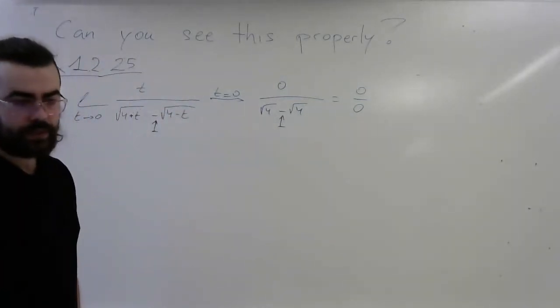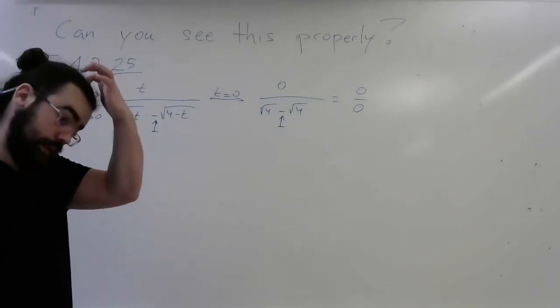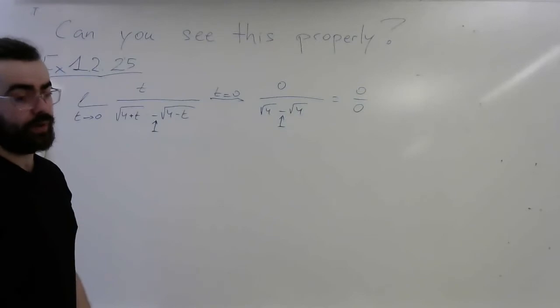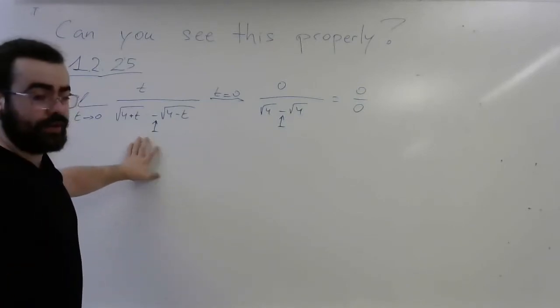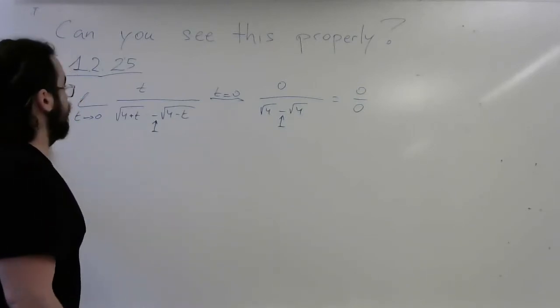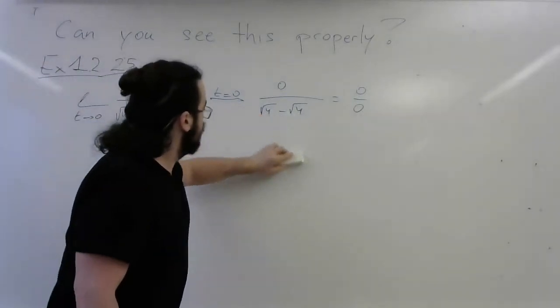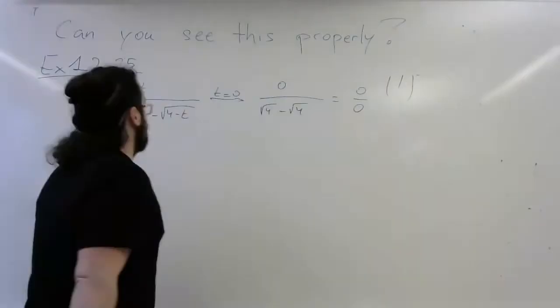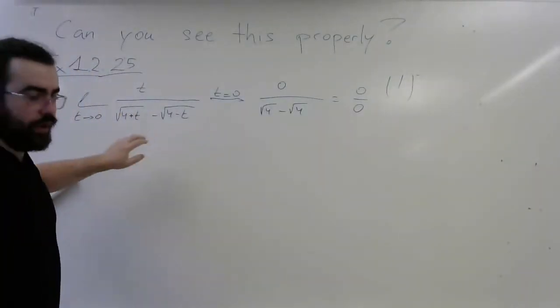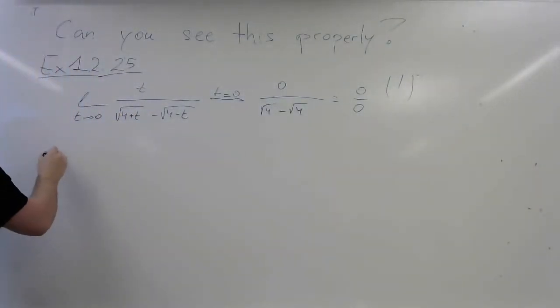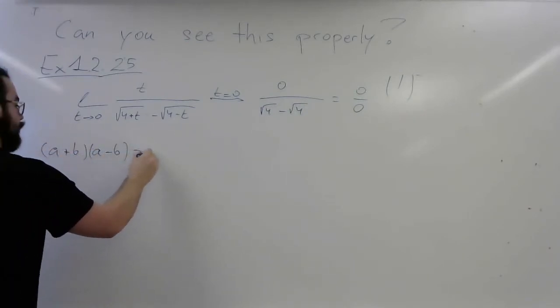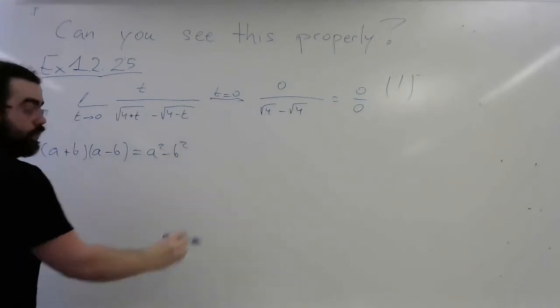Okay? So we have to figure out a way to get rid of this minus sign. What we are going to do is use this notable product that says a plus b times a minus b is a squared minus b squared.